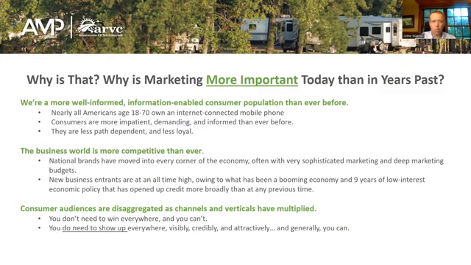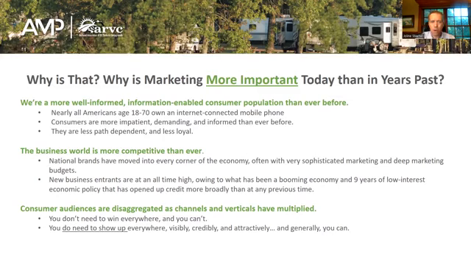I touched on this on my previous points, but consumer audiences are disaggregated as channels, and the number of verticals have multiplied. It becomes, if you're not careful, what can feel like a roulette wheel of places to potentially spend your advertising money, and really to misspend it if you're not careful. The fact of the matter is you don't need to win everywhere, and you can't reasonably win everywhere online.